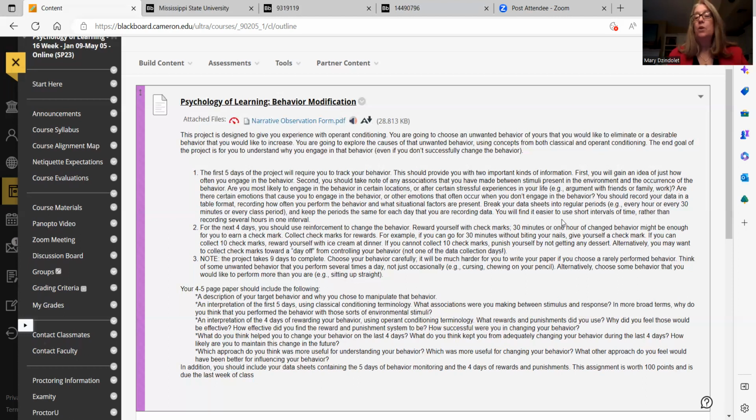And so you can see it's going to take a minimum of 9 days to do this. 5 days of recording the behavior before you change it, 4 days of recording the behavior as you're implementing the behavior modification plan. And you probably need a day in between those two to come up with your plan. So that's why I'm saying there's like 10 days right there.